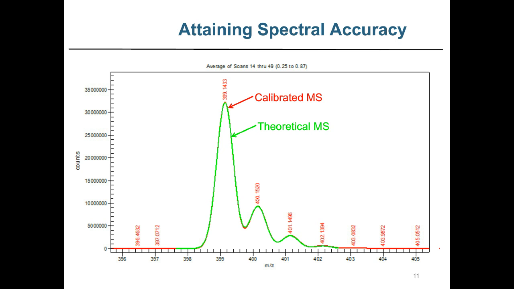That gives us a whole other dimension to work with. So we can not only identify an unknown ion based solely on its accurate mass, but also on what we call the spectral accuracy. So we've calibrated the instrument now for both mass and spectral accuracy.